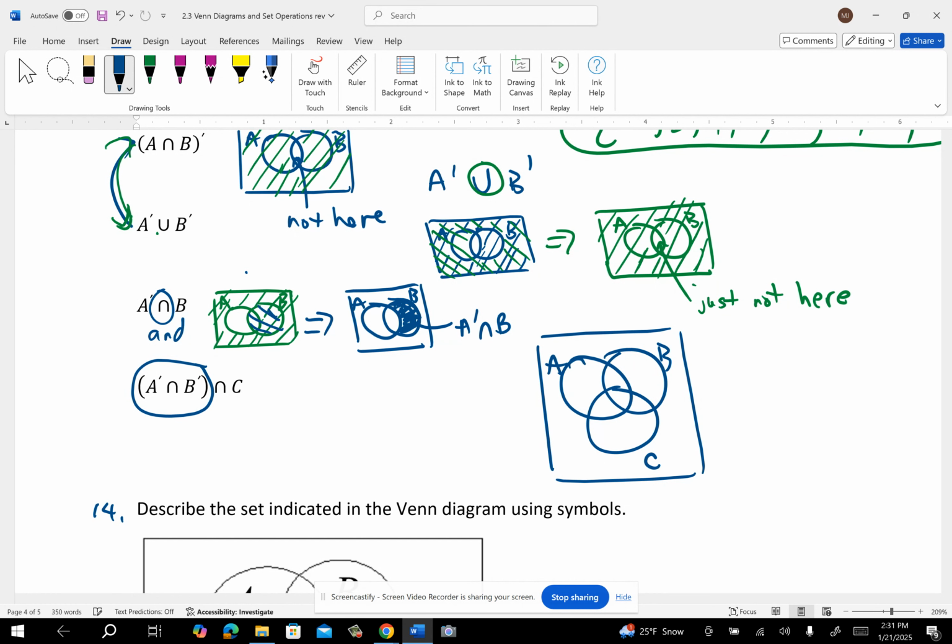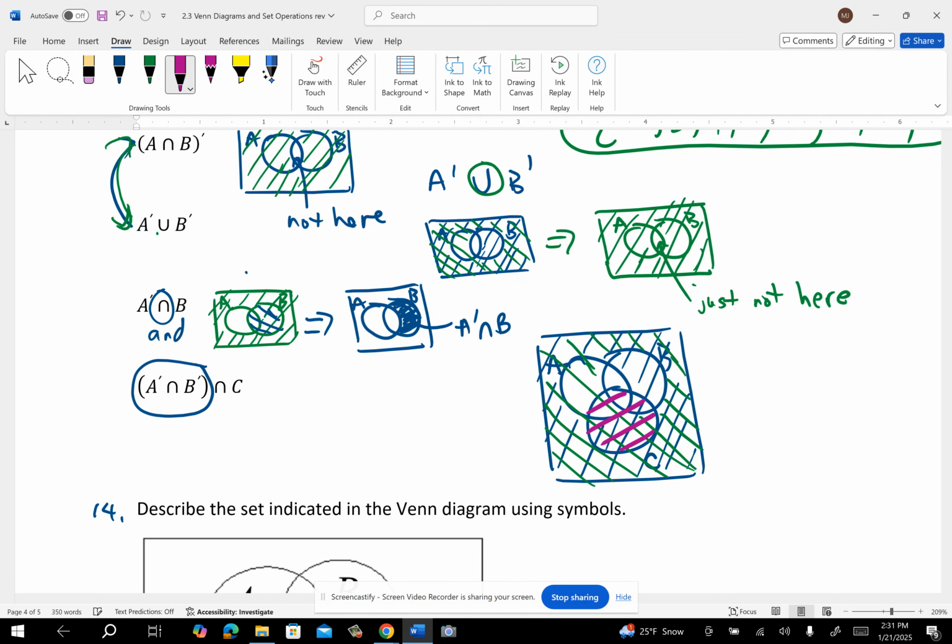Okay, so I need to be outside A. So here's outside A. Need to be outside B. I'm going to do that in green. Outside B. And then C, I'll do in purple, means I have to be here.